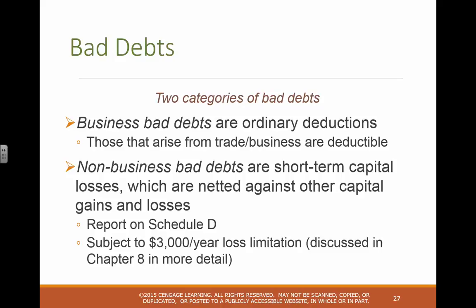You're going to say, well, that doesn't say D. No, it's a schedule that flows into the D. So there's a D on page 917, and then there's a sale and disposition of capital assets on a D19. Okay, line 1, description of property: non-business bad debt.